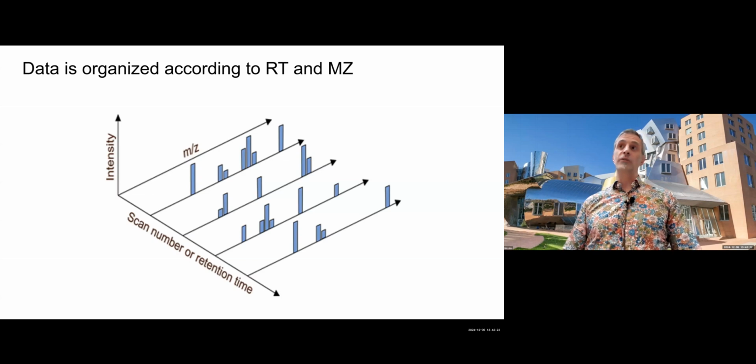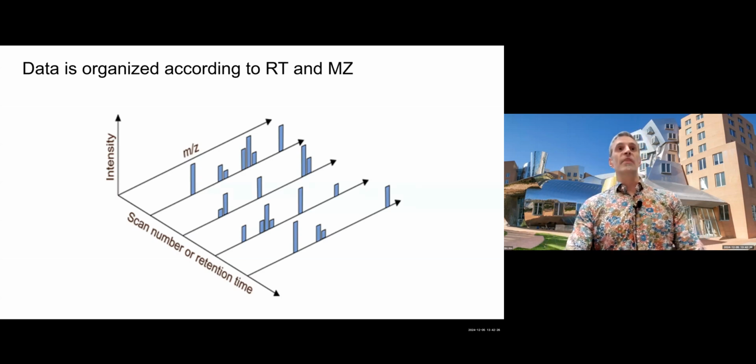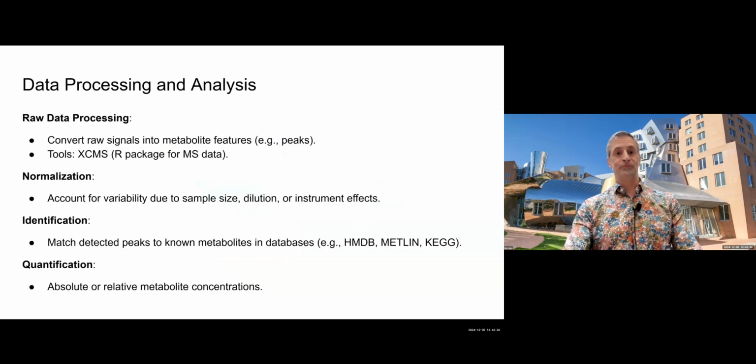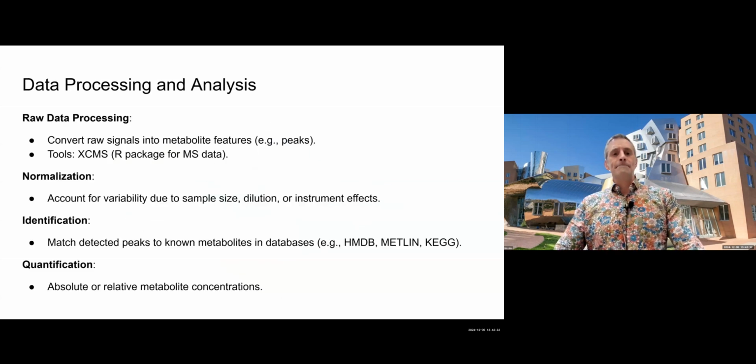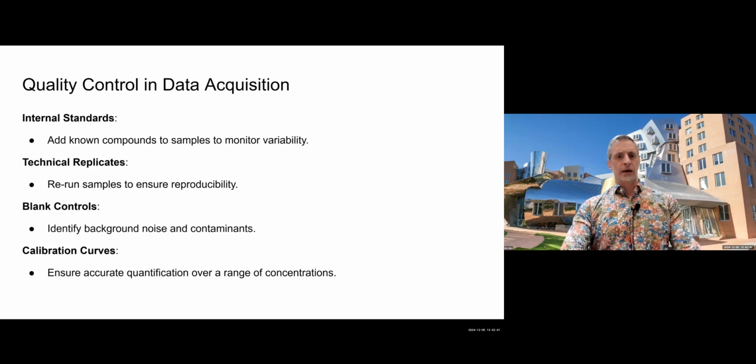Because if we could do that really well across different experiments, that would give us a lot more power to analyze these samples. Okay. So there are a number of different tools that we can use for data processing, which we'll get into.